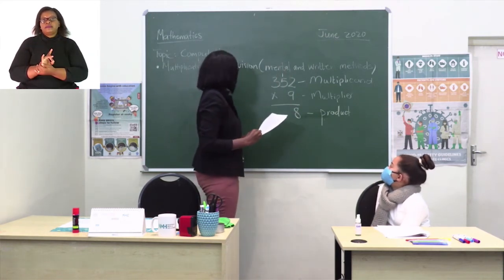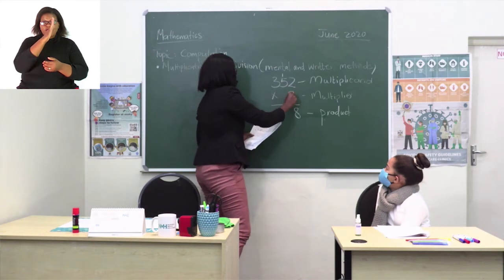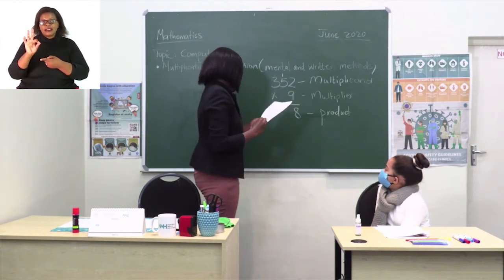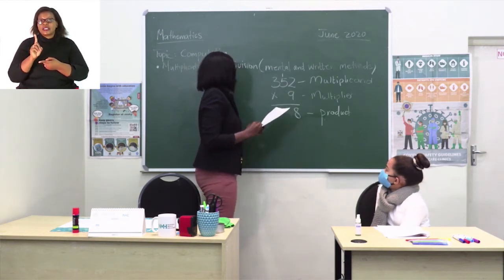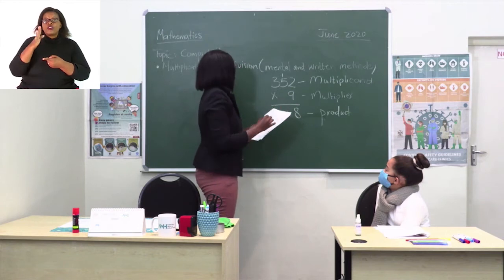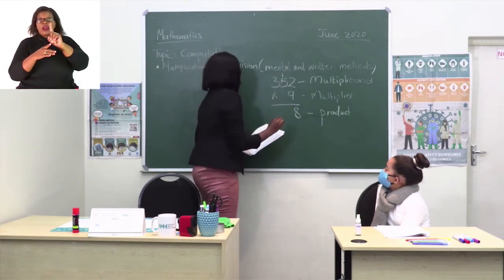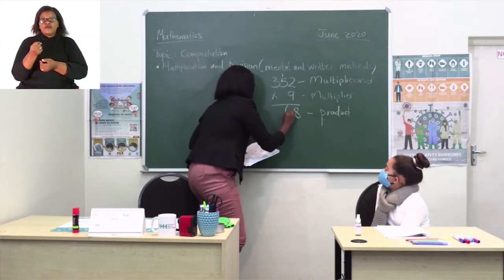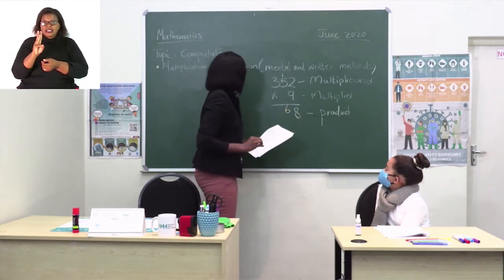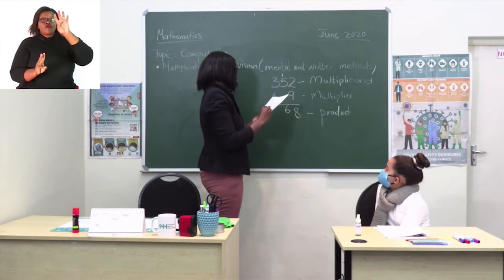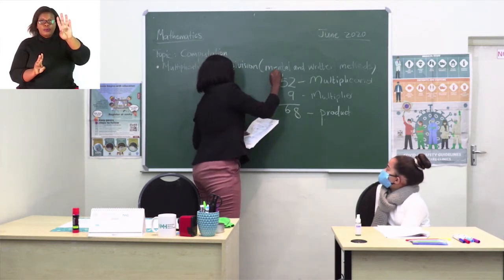Good. The next step, take 5 times 9. What is our answer? It is 45. 45 plus the 1 here, and then we get 46. We are not writing the 46 in full, but we take over the 4.